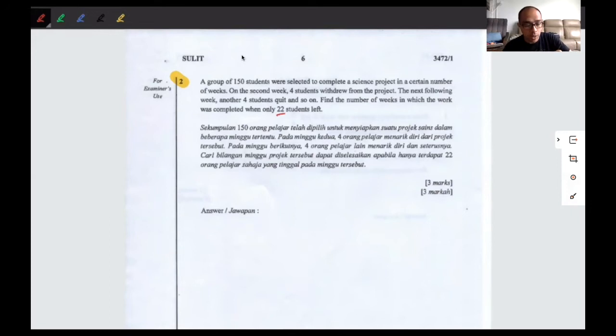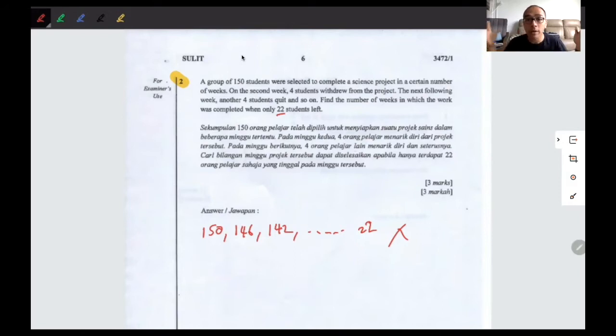You cannot do 150, 146, 142, dan seterusnya sampai 22. Ini tak boleh ya. Okay, tak boleh. You cannot do like this. This is shortcut. Okay, if you want to list out everything, you have to list out every single one. So you go from 142 all the way until 22.